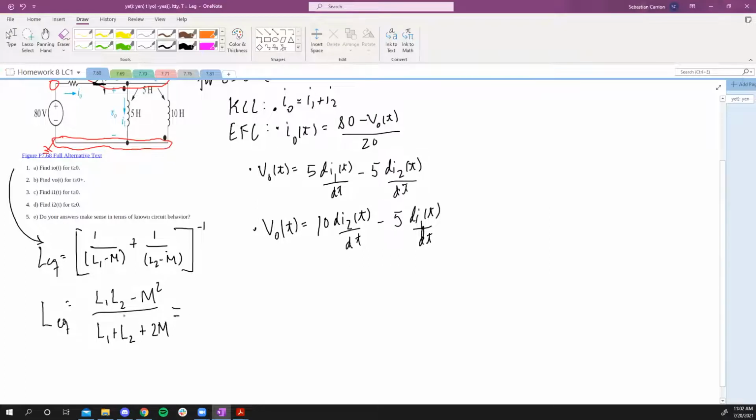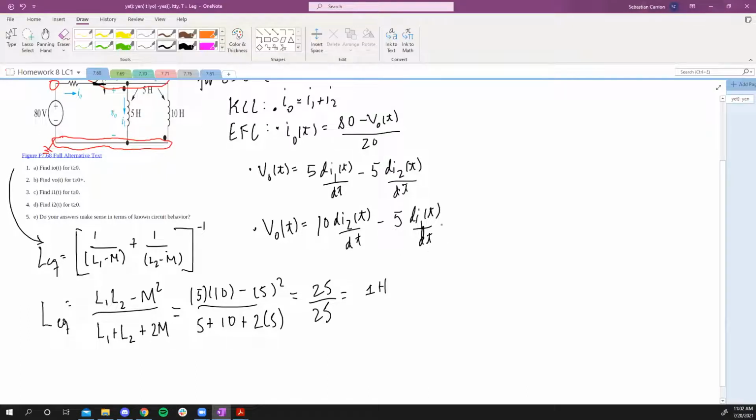Now that we know the mutual inductance and the inductance of each inductor, we plug that in. So it's going to be 5 times 10 minus 5 squared over 5 plus 10 plus 2 times 5. 50 minus 25, 25 over 15 plus 10, 25. So we got 1 Henry.